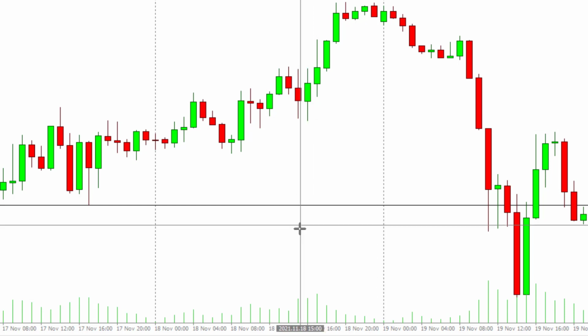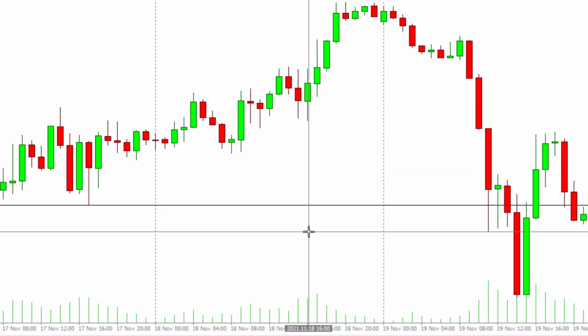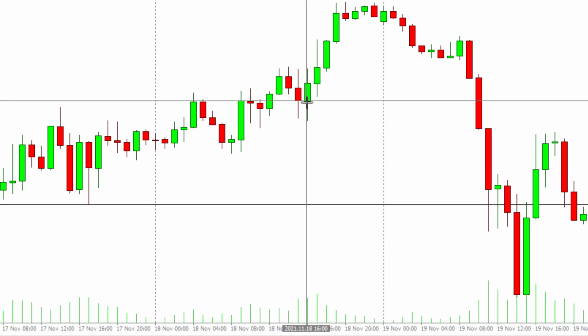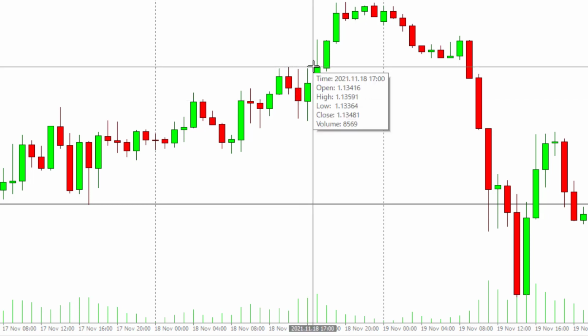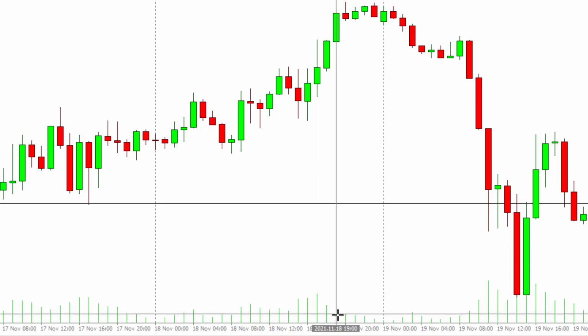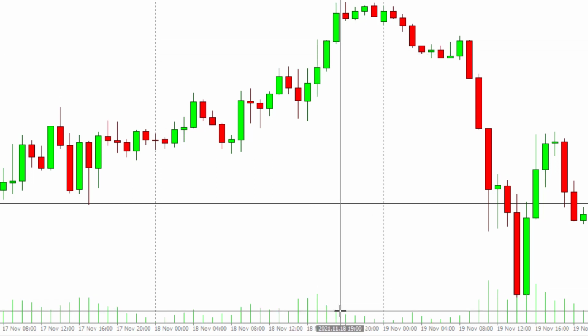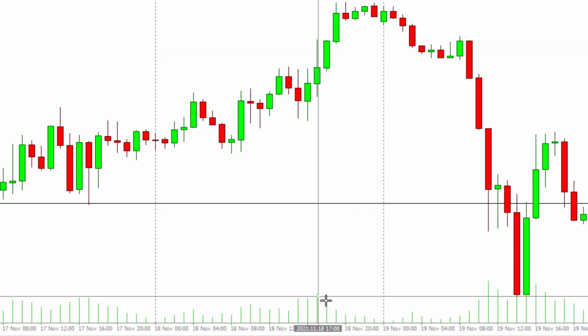On the next candle, volume increased a little bit, about 10 pips or so. It came back with a higher close here, but the volume had already decreased here, so do not enter here, because the decrease shows a trend.